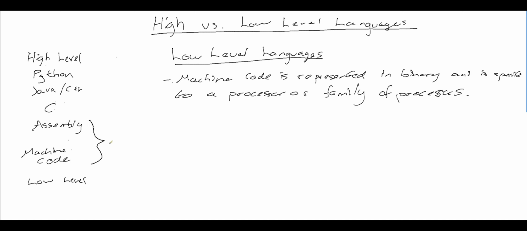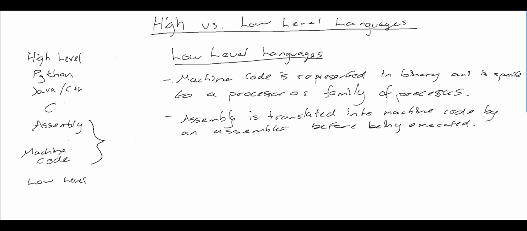I'm going to talk some more in this part of the video about assembly and machine code. One of the differences between assembly and machine code is that assembly needs to be translated into machine code by a program called an assembler before it's executed.